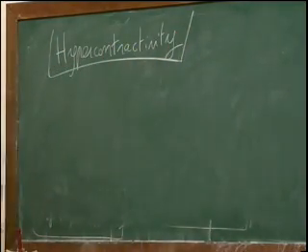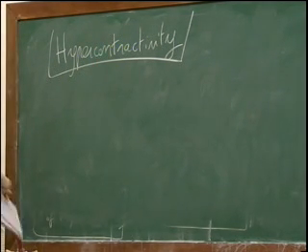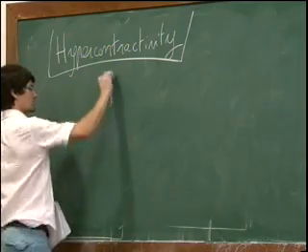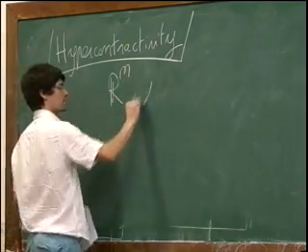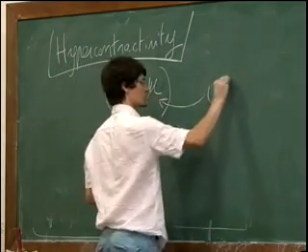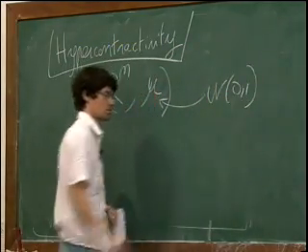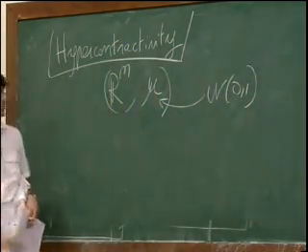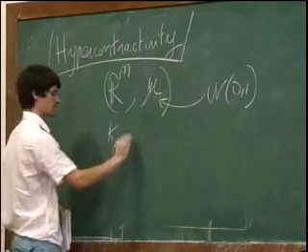The context where it appears is the following. Take Rn endowed with the Gaussian measure, and consider the heat kernel K_t.